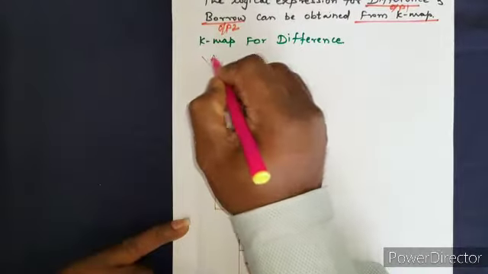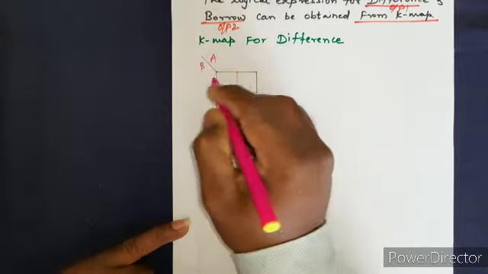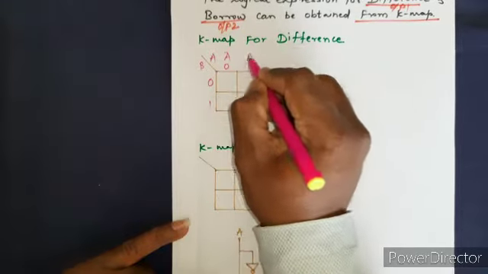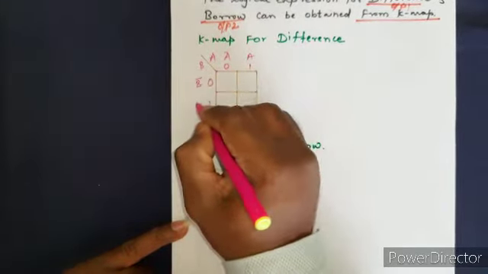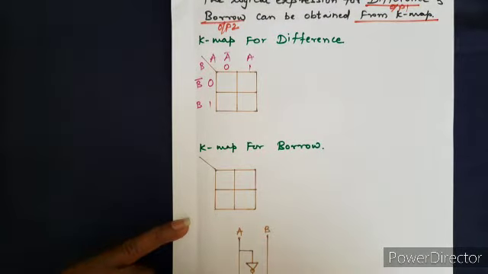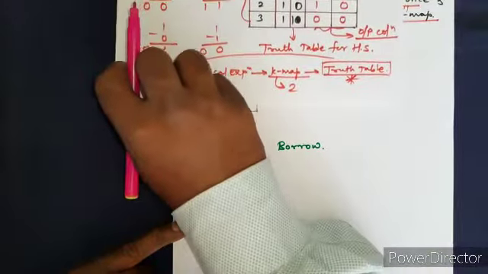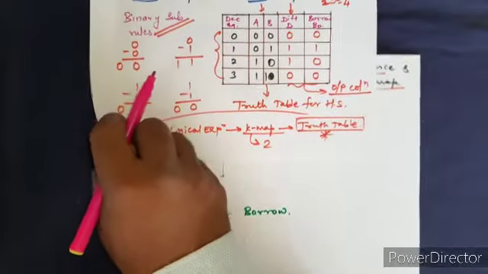Since we have 2 inputs, this is A, B, 0, 1, 0, 1. This is A bar, A, this is B bar, B. Since we are looking for SOP type only.